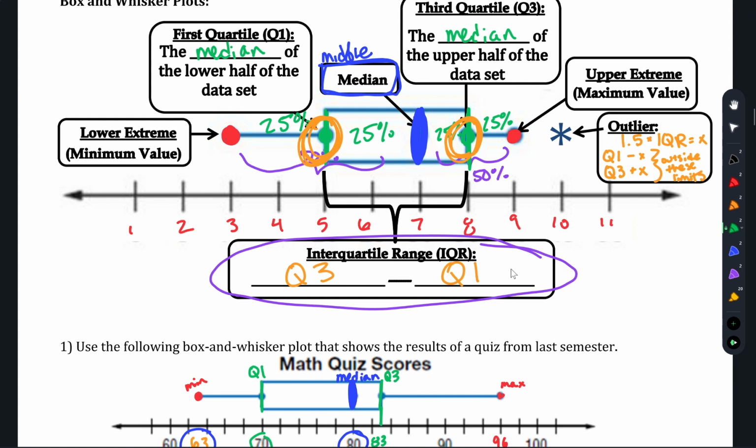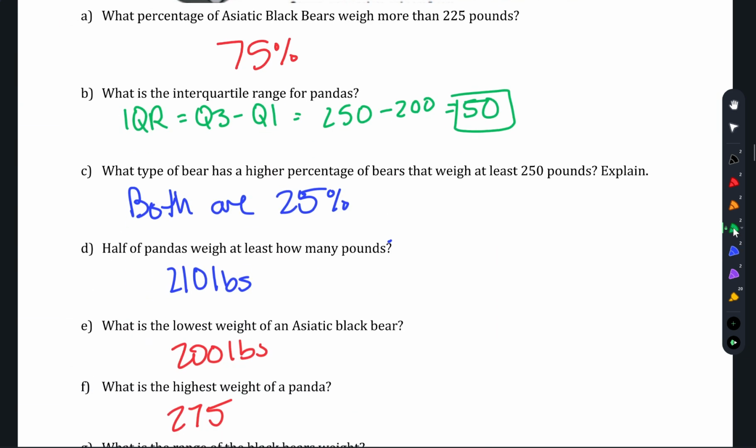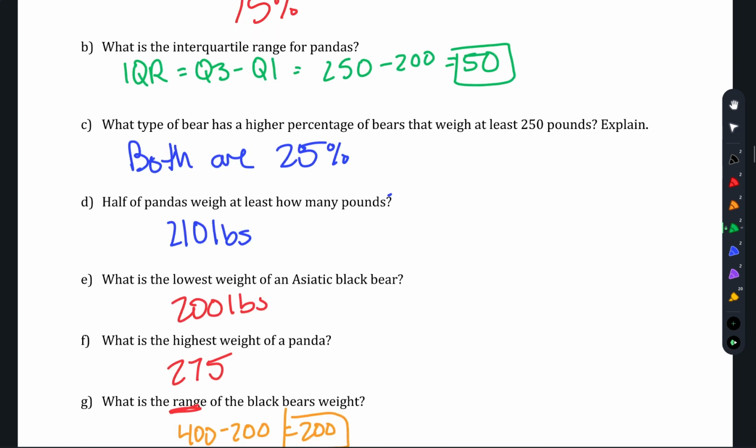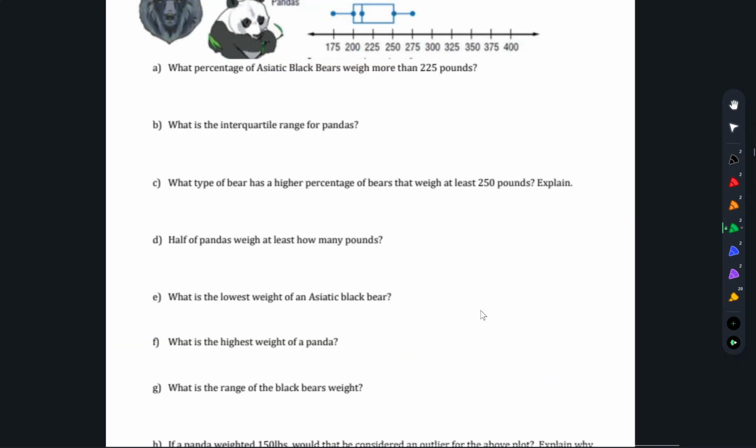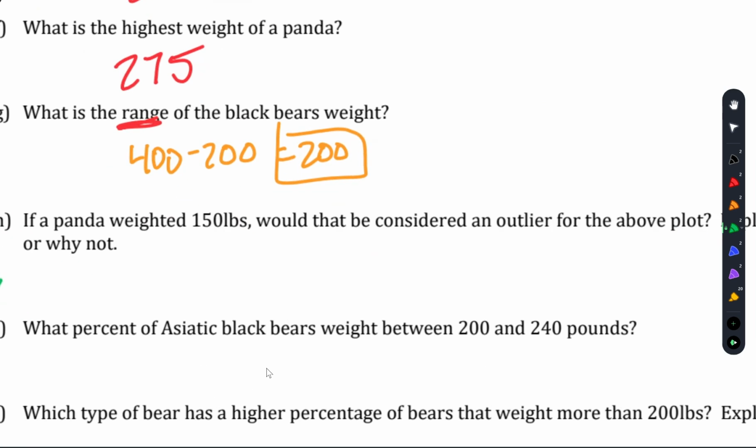We need to first find the interquartile range, which we did in part B. Our interquartile range for pandas was 250 minus 200, which was 50. So the interquartile range that we're going to use in this problem is 50.